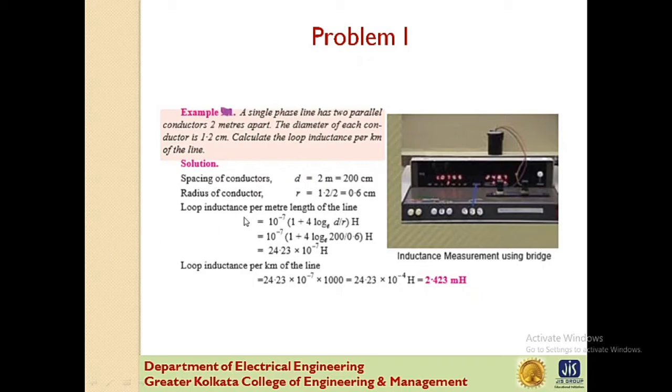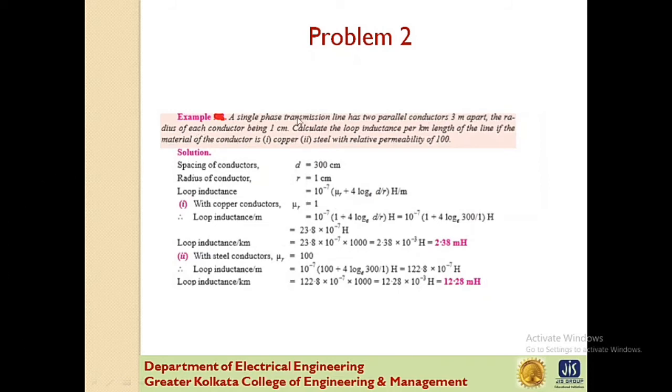Loop inductance per meter length is given by 10^-7 (1 + 4 log_e D/r). Putting in the values of D and r, the loop inductance is 24.23 × 10^-7 Henry. Multiplying by 1000, the loop inductance per kilometer is 2.423 millihenry.